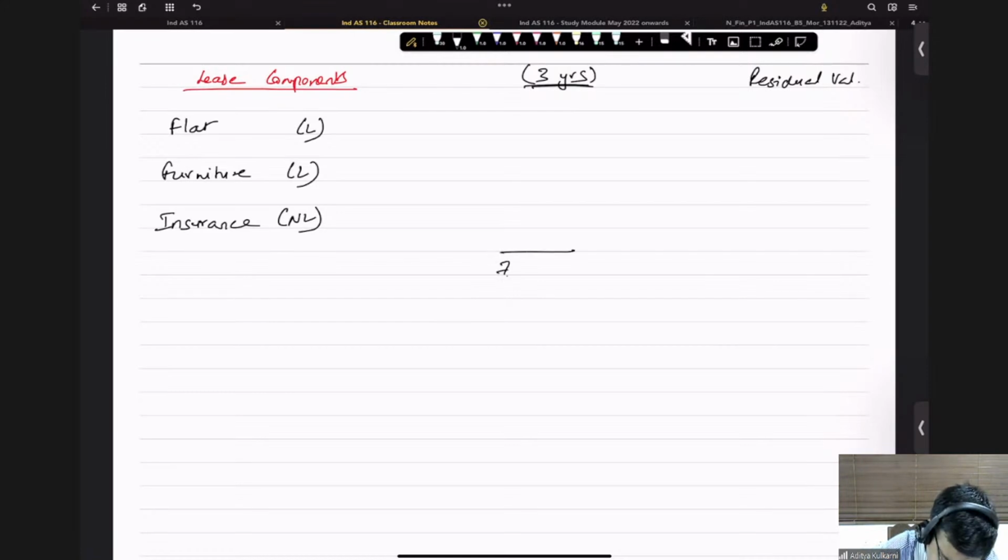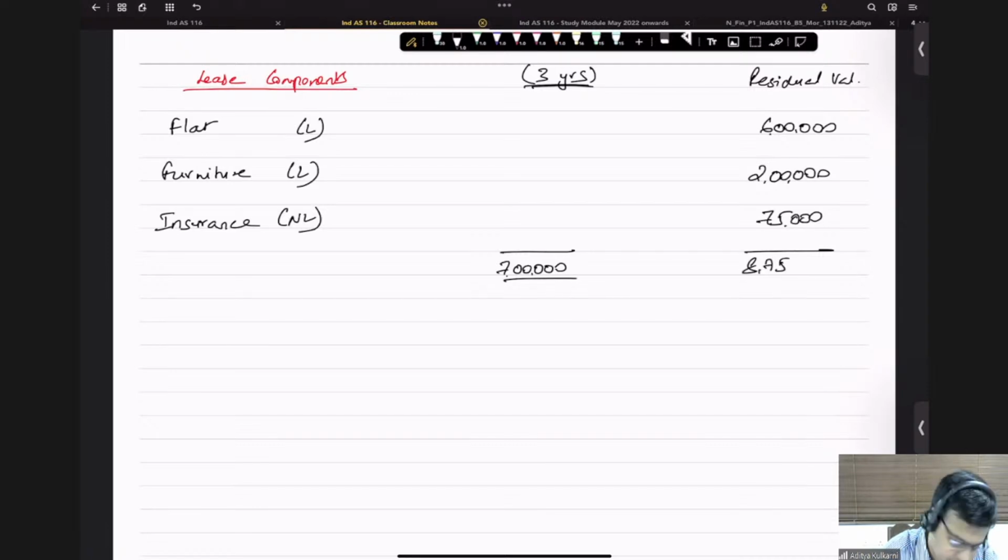Same breakup, I take 7 lakhs: this is going to be 6 lakhs, 2 lakhs. For simplicity's sake, I'll keep this also 75,000. Itna rehta nahi hai, but I'm just keeping it for simplicity's sake. 8,75,000. Now think and answer.